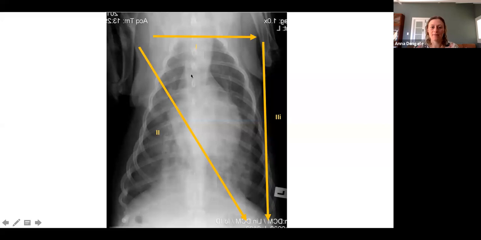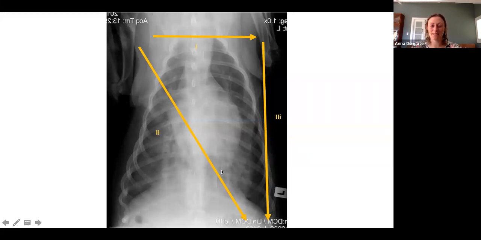So if we think about the way that the heart sits in the chest and the ECG leads we're using to measure electrical flow through the heart, we need a really good picture of where the flow is going and how that relates to the lead we're looking at. The heart sits in the chest with the apex tipping slightly towards the left in most normal animals. This is actually a dog with heart failure, so it's not a great example, sorry.